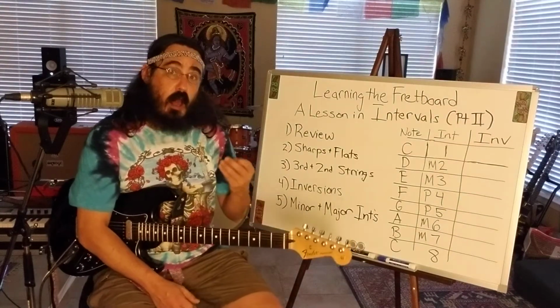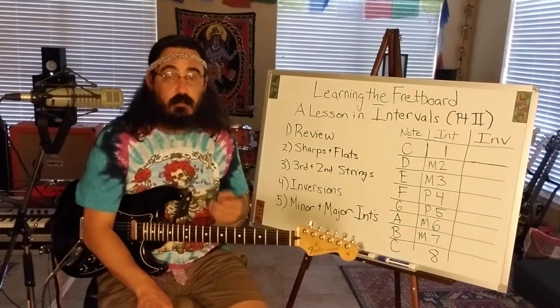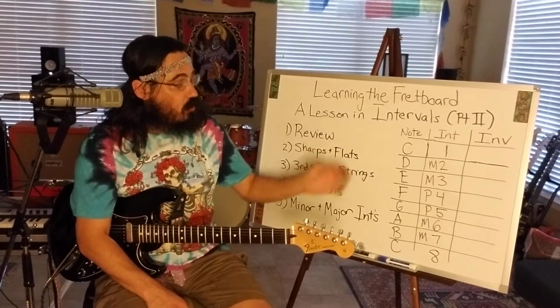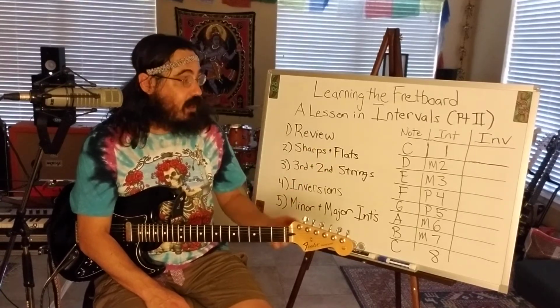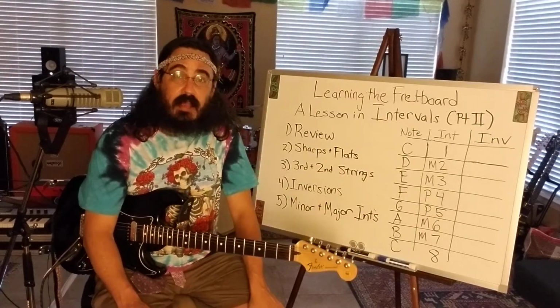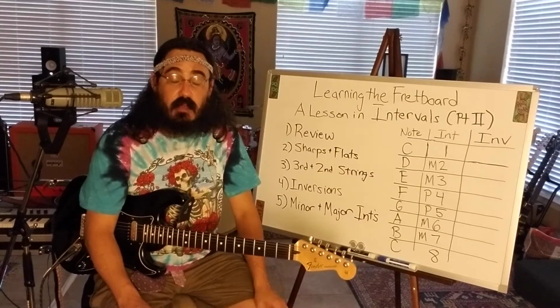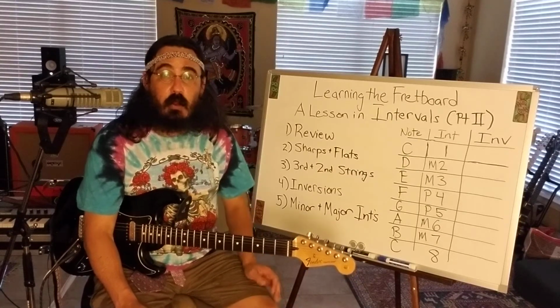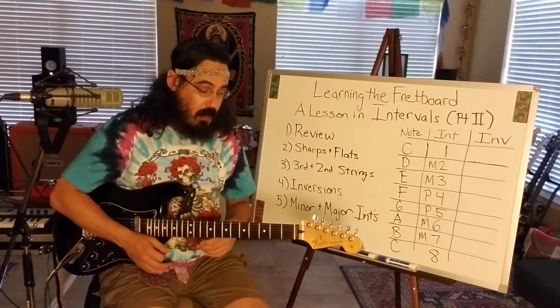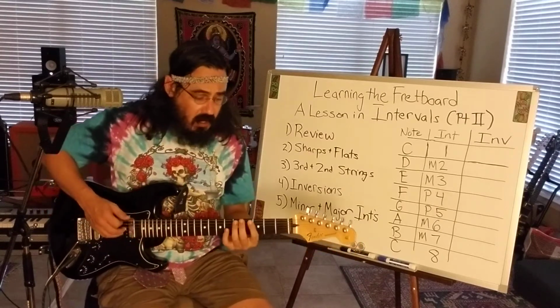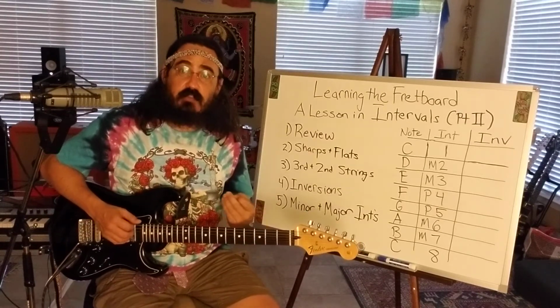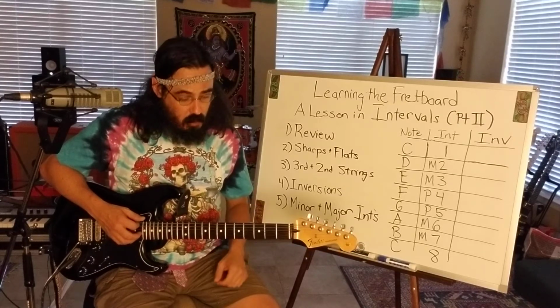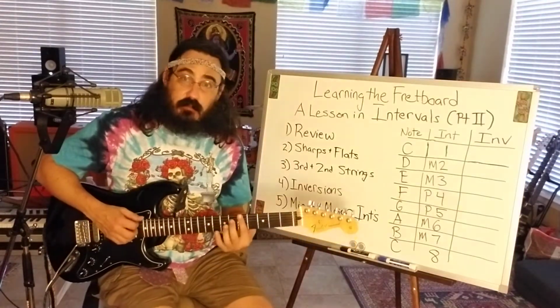For example purposes, we use what's called the C major scale. If you think about the piano, we're only talking about the white notes. Just to review some of those shapes, we have the fourth interval.